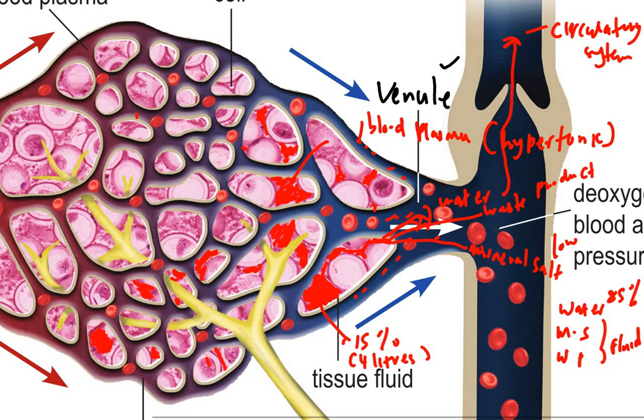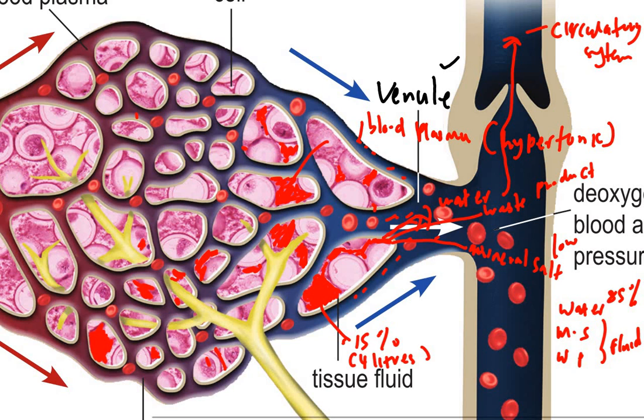So 4 liters is quite a lot. If the blood capillaries or the blood vessel don't have this fluid anymore, what happens? The blood cannot flow easily in the blood vessel.